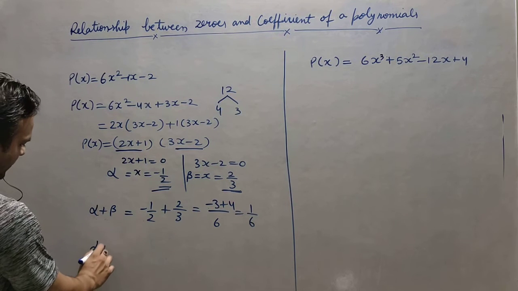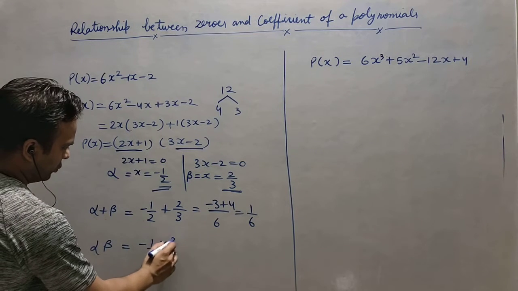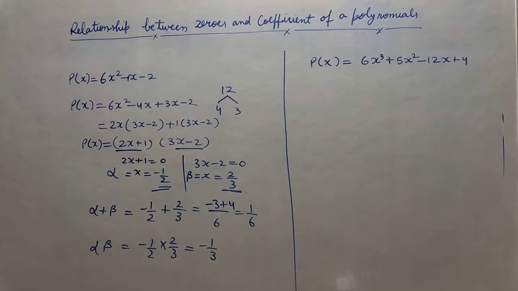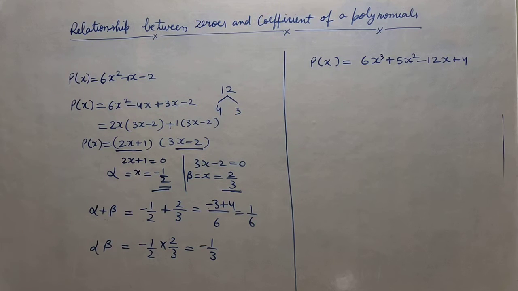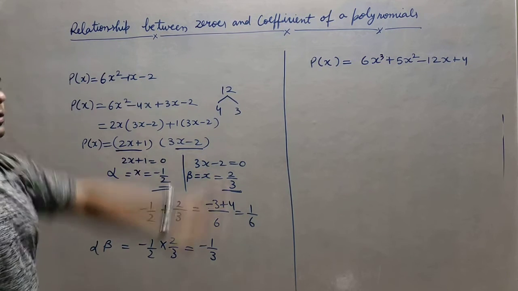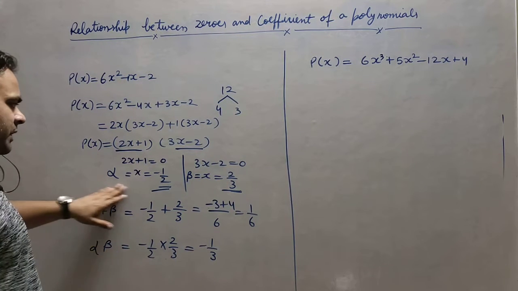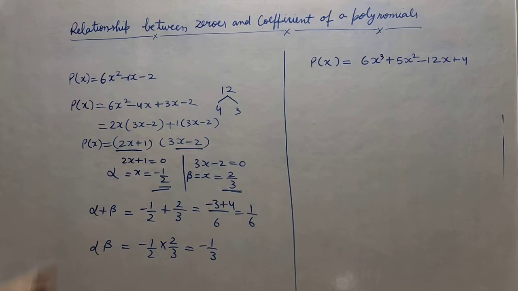Now alpha beta: minus 1 upon 2 into 2 upon 3, and we get minus 1 upon 3, right? Now what is the connection of these relations with the coefficients? This is the topic, relationship between zeros and coefficients of polynomials. Till today we first found the factors, then added, subtracted and multiplied both.